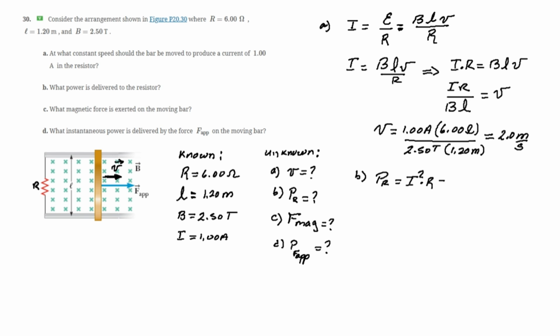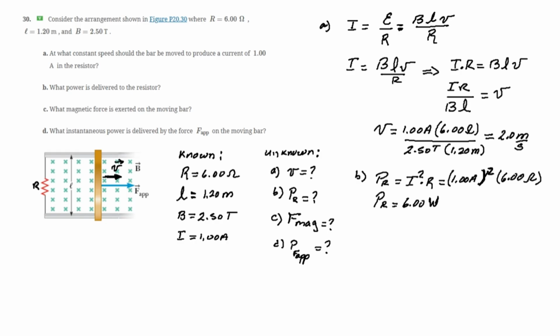So if the current is 1 ampere squared, times the resistance of the resistor, 6 ohms, the power dissipated by the resistor would be 1 squared is 1, times 6, 6 watts. That is the power that is dissipated by the resistor.